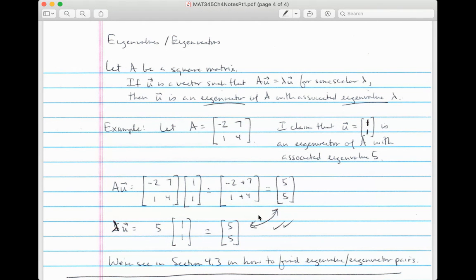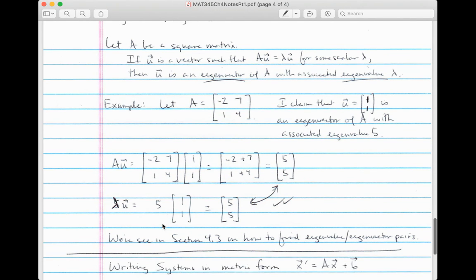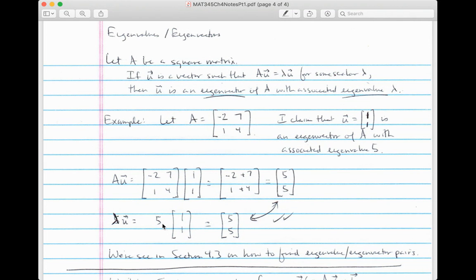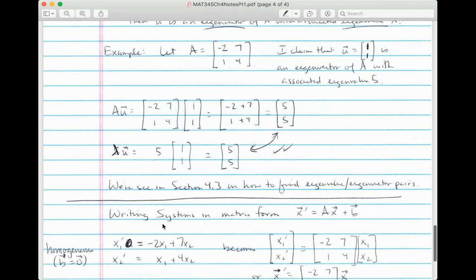So since I get 5, 5 in both cases, that means that indeed 1, 1 is an eigenvector for this matrix A with associated eigenvalue 5. In the next section, section 4.3, we will talk about how to find eigenvalue-eigenvector pairs systematically.